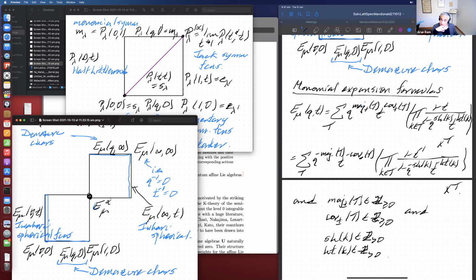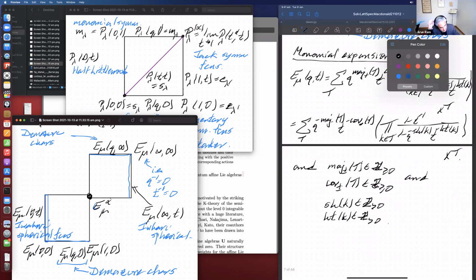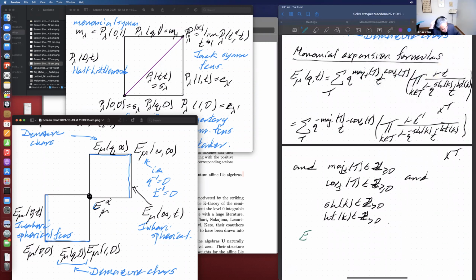All right, so these two formulas give you two things. First of all, they immediately tell you that these specializations that I'm looking at, E mu 0 T, E mu Q 0, E mu infinity T, E mu Q infinity, they all exist.